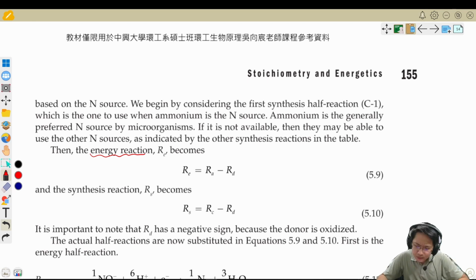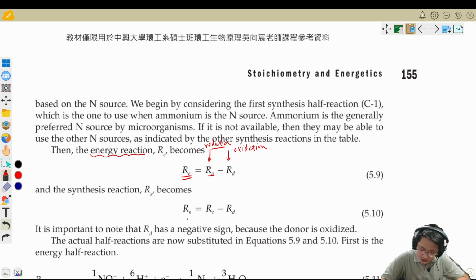So when we are combining those half reactions together from the tables, we will use the Re as the energy reactions, coming from one oxidation reaction and also another. So this is the oxidation reaction, and the electron acceptor reaction is used for the reduction reaction. So we combine these together to get the energy reactions.